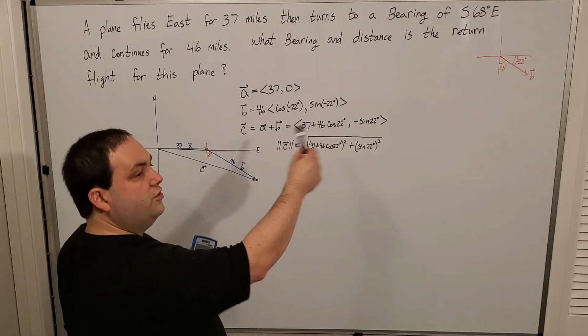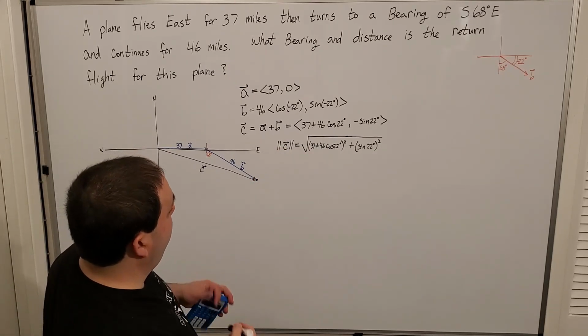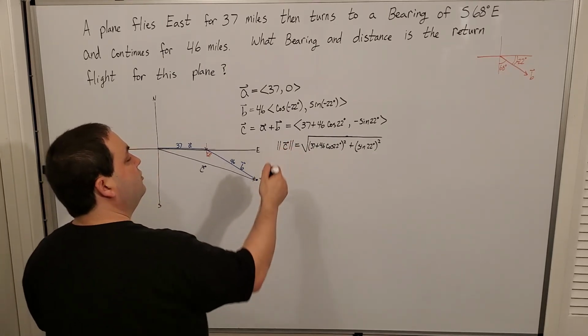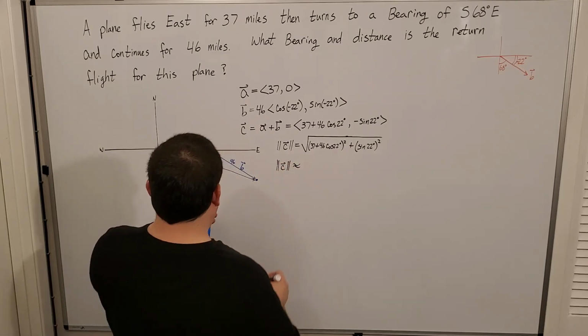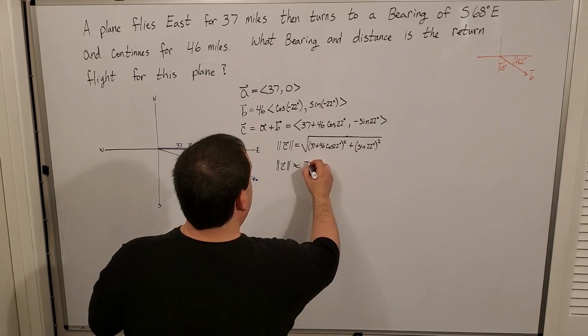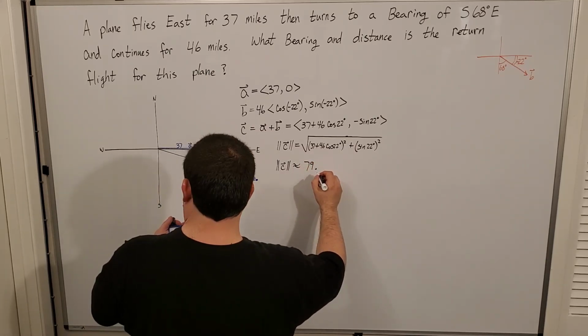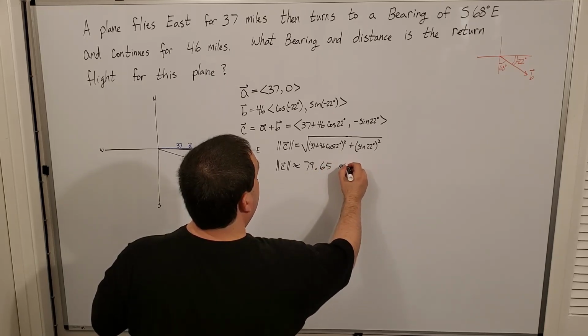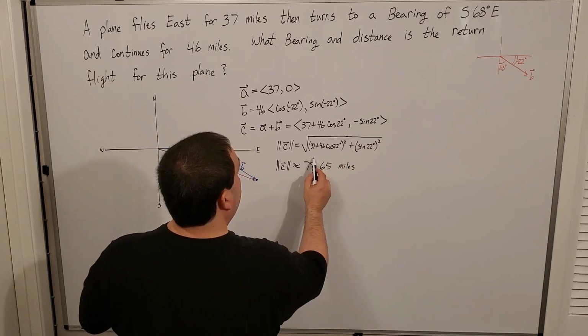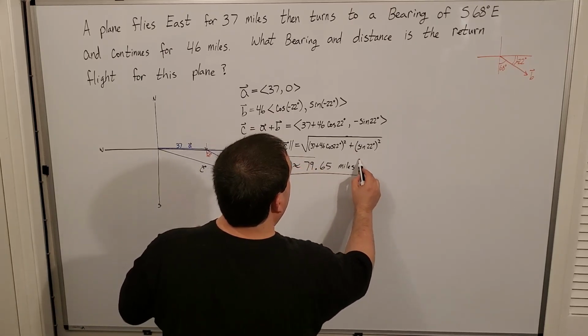And of course, if you wanted to, you could do each one of these components individually and then just plug it all together. I'm just trying to avoid error as much as possible. The magnitude of C is approximately 79.65. So we'll say miles. And that's going to be the distance of the return trip.